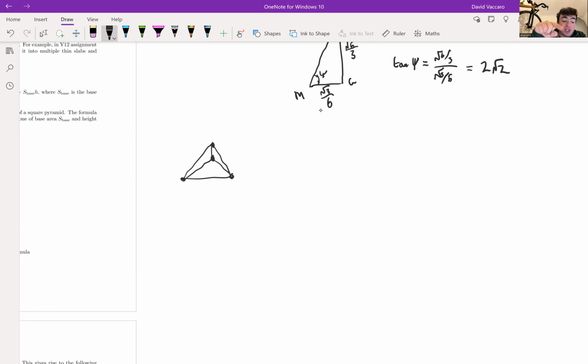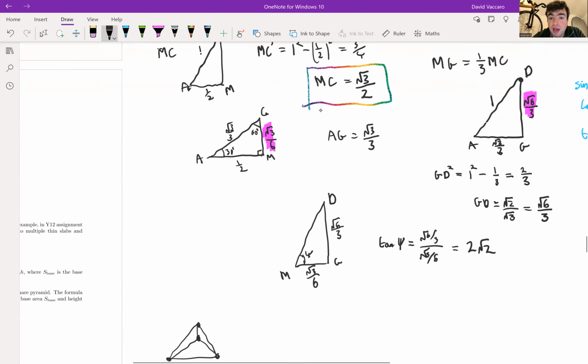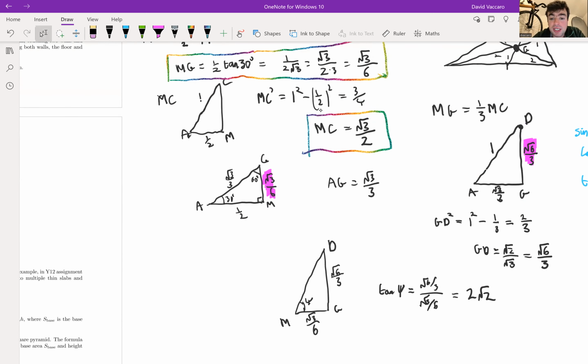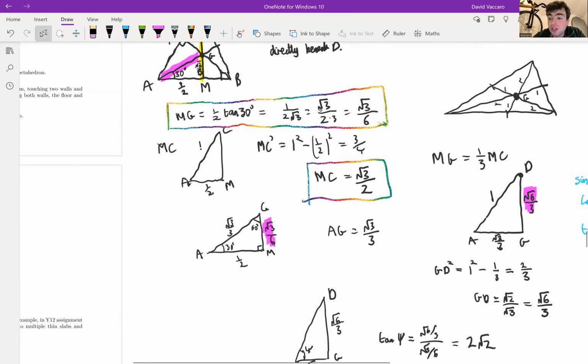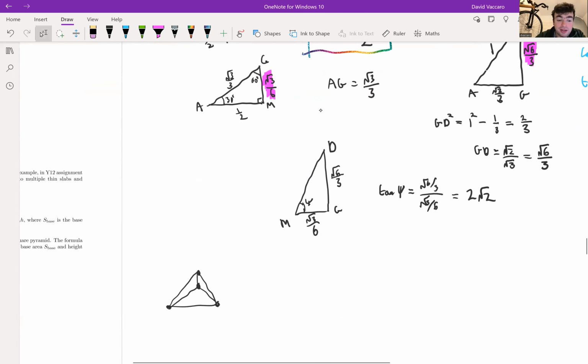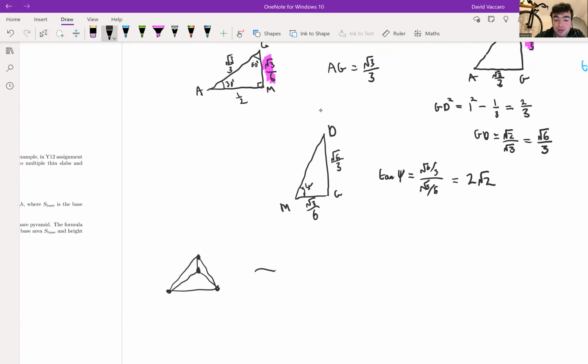So if you now consider the height of the center of mass, it's just going to be the sum of the heights, which is the height of D above the base, which is DG, divided by the total mass, which is now 4, because there are 4 point masses and only one of them is at that height. So the answer, when we do all our hard work, the sort of physics is going to tell us that the answer is DG/4, which is √6/12.